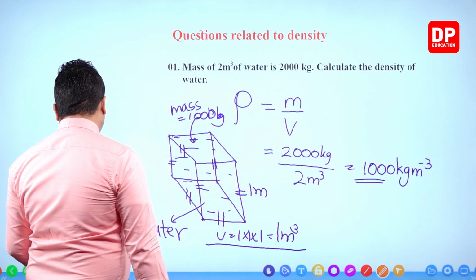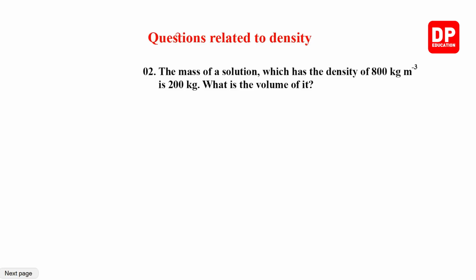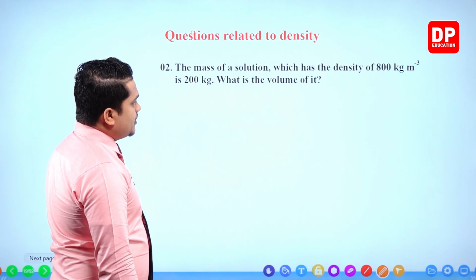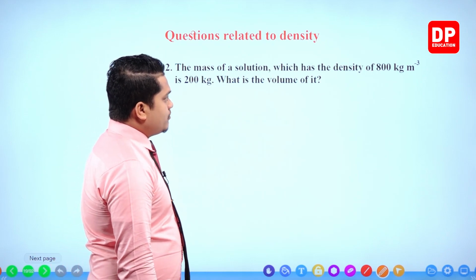Then the next one: the mass of a solution which has the density of 800 kilograms per cubic meter is 200 kilograms. What is the volume of it? Here you need to find out the volume, my dear children.